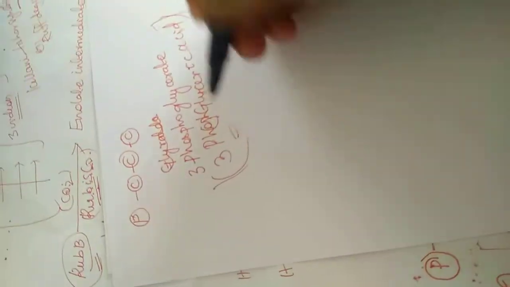This triose is actually 3-phosphoglyceric acid. This is what you get. So let me write down the structure of this 3-phosphoglyceric acid. You know that this is basically D-glyceraldehyde.